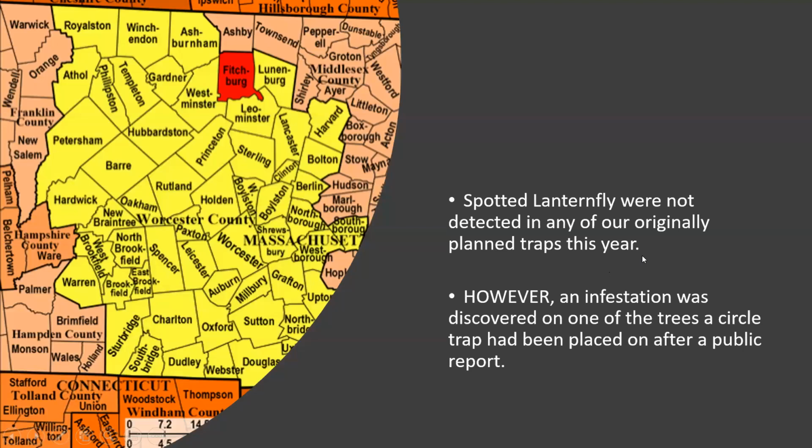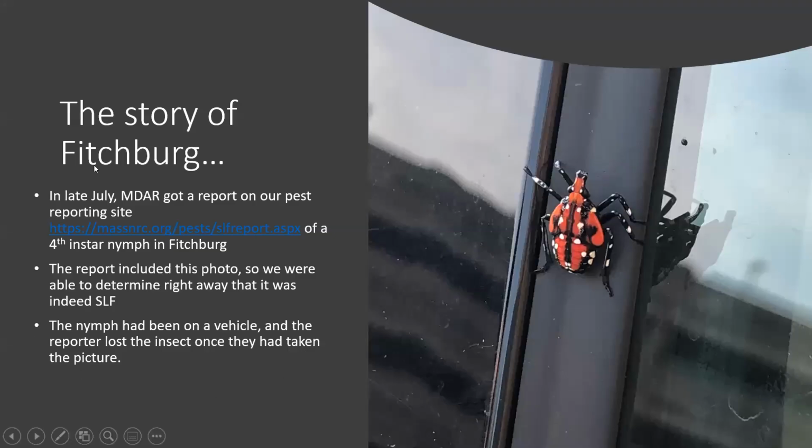So SLF was not detected in any of our originally planned traps this year, but an infestation was discovered on a tree where a circle trap had been placed after a public report, and that was in Fitchburg. In late July, we got a report on our pest reporting site. Write this down if you're in Massachusetts, and report to us if you see anything suspicious.